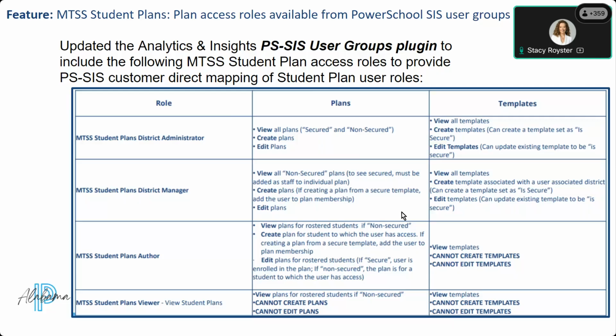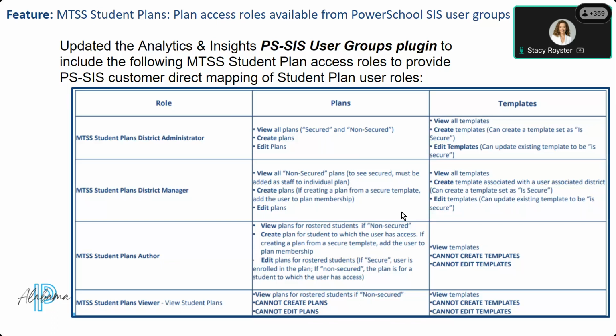So you will need to make sure, if you are curriculum, get with your SIS admins so that y'all can go through to see which groups you need to migrate and check the boxes for these new student plan access versus just the UIHN access. Teachers, again, you do not have to worry about.